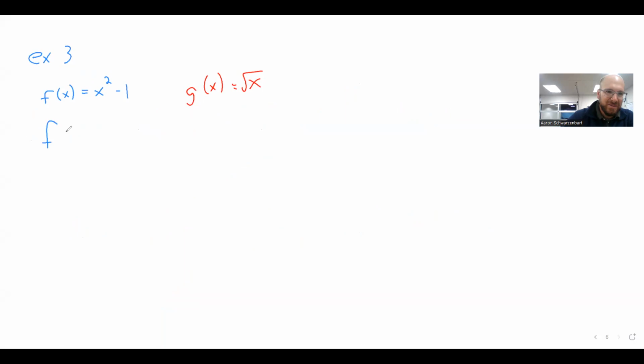So f of g of x, remember that that is plugging g of x in for f of x, which can be thought of as f of, since g of x is square root of x, that's what's getting plugged in.